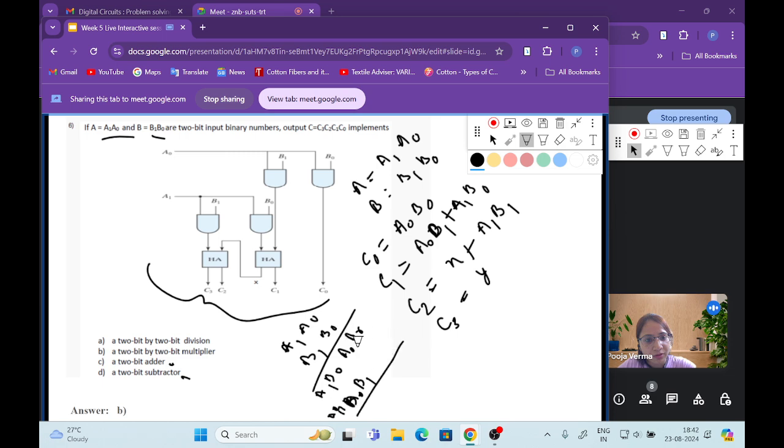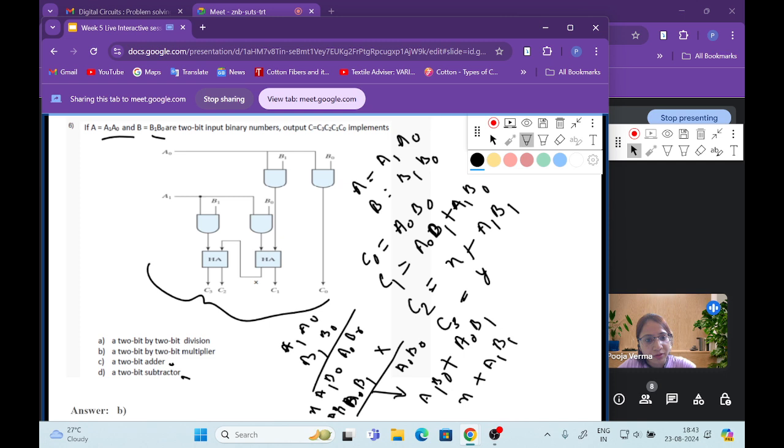Now we have to add this. So A0 B0 is directly written here, and there is a 0 only in the other places. We need to add A1 B0 plus A0 B1, right? If there are some carries, it is generating one carry, so it is X. Next is X plus A1 B1.